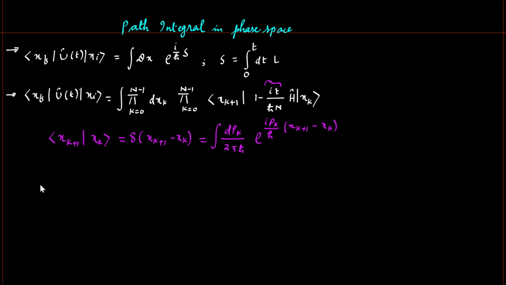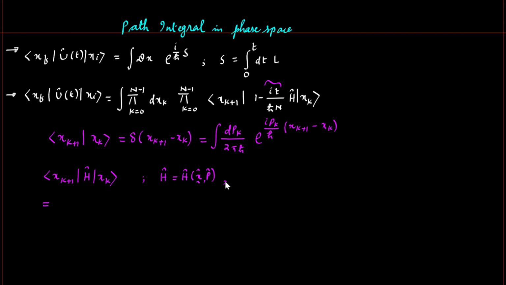So for the second part we will have ⟨x_{k+1}|H|x_k⟩, the Hamiltonian operator between x_{k+1} and x_k. But notice that this Hamiltonian operator H is a function of both position and momentum. So now I can write this equation in this way.